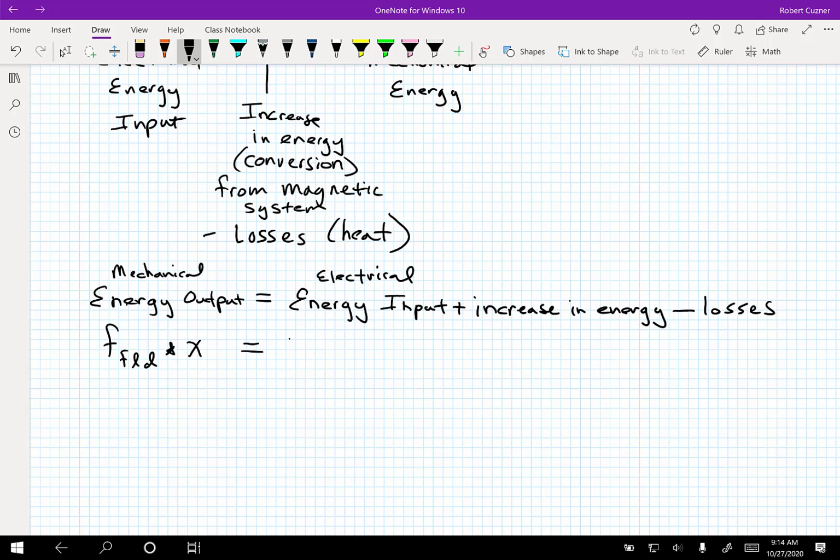The electrical energy input would be lambda times I, and then what we're going to get is, okay, that was what was messing me up. I'm not reading my notes right. This should be minus an increase in energy, not a plus an increase in energy. And it's really kind of a mathematical thing here, that this is the energy from the magnetic system.